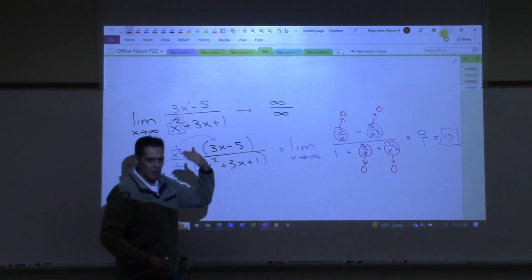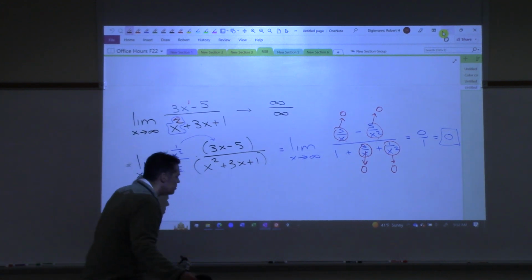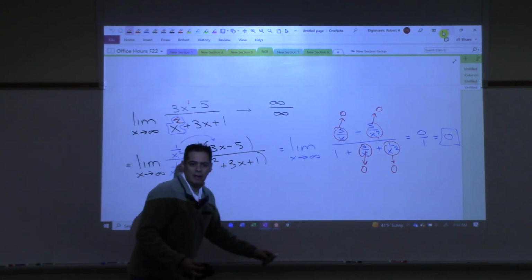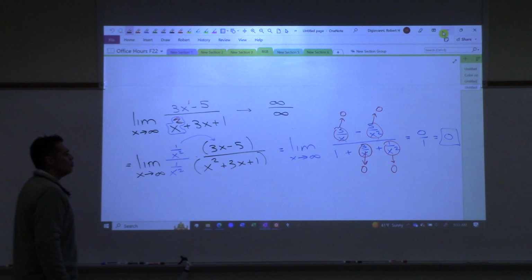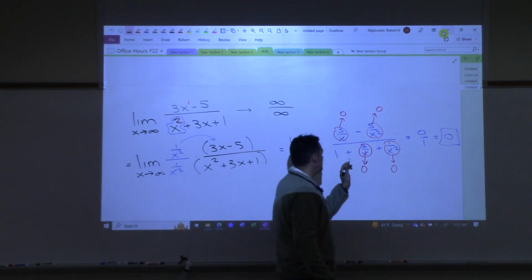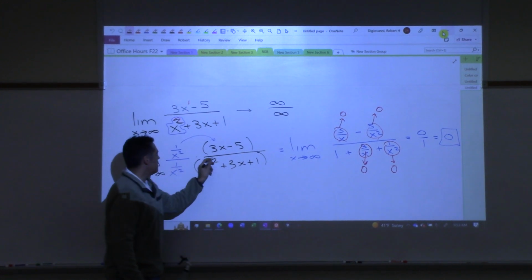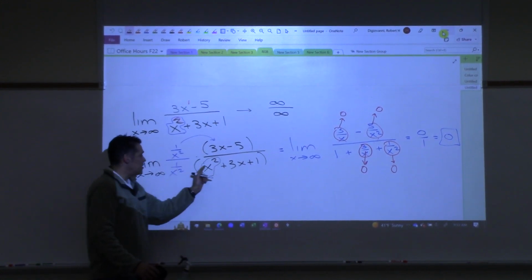That's what I want you to start thinking. How do you algebraically make that happen? Any other questions? Doing all right? So we're always looking to turn the bottom into a number? At the very end, you want the bottom to turn into a number, which means that you need to take the highest power and think about how you can make that highest power cancel out. So here I put a 1 over x squared to make that cancel, right?